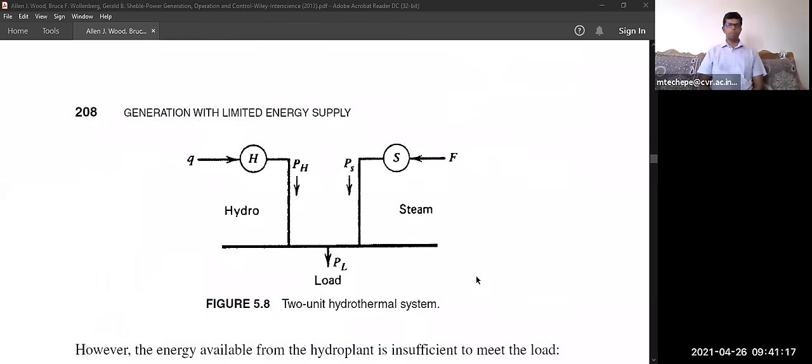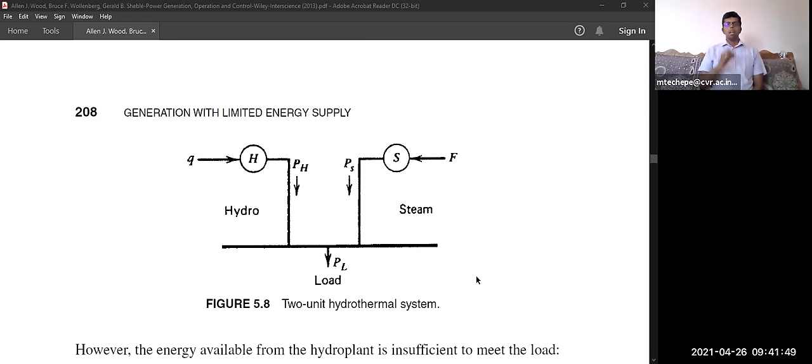There are many sources of energy like hydro, thermal, non-renewable energy resources, power generation from gas power plants, nuclear power plants. Many sources of energy are there. But these two, hydro and thermal, that is steam power generating units, are very common.